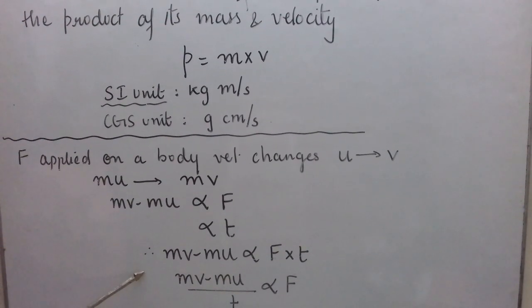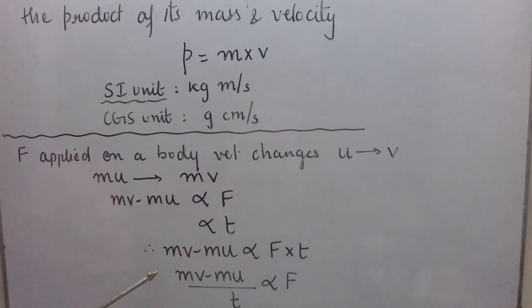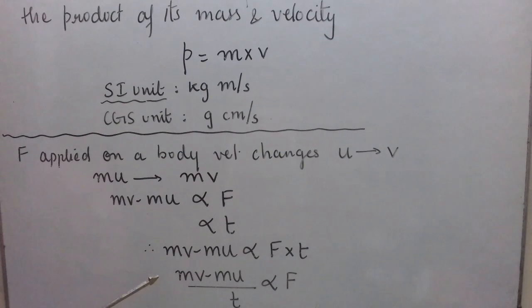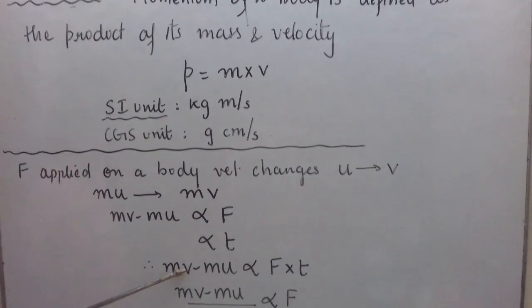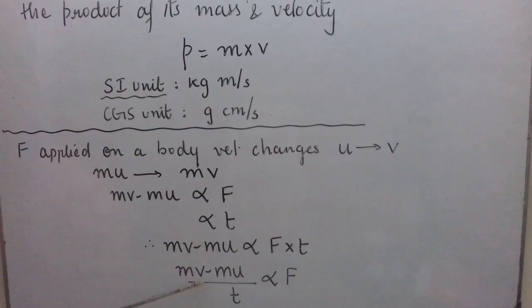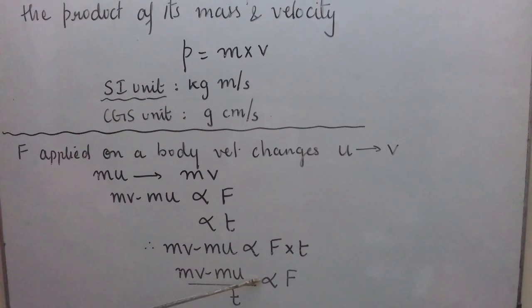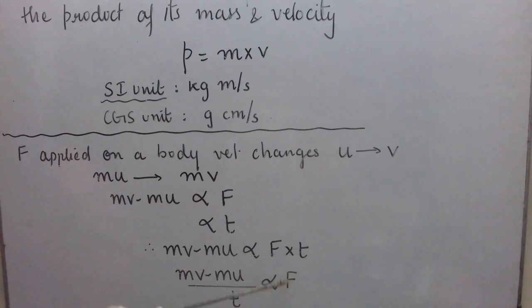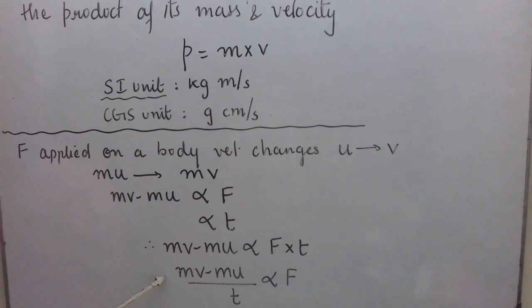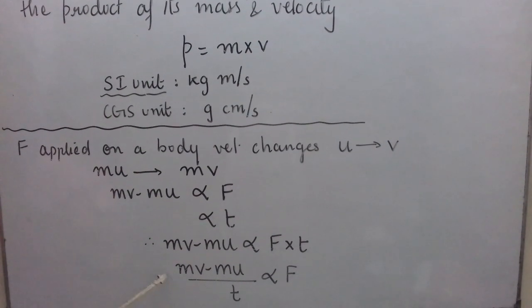This second part I'll try to explain later on, because you will not understand it now. You will understand when we do one derivation after this. So at least listen to the statement properly. The rate of change of momentum of a body is directly proportional to the force applied and it takes place in the direction of the force applied. This is Newton's second law of motion.